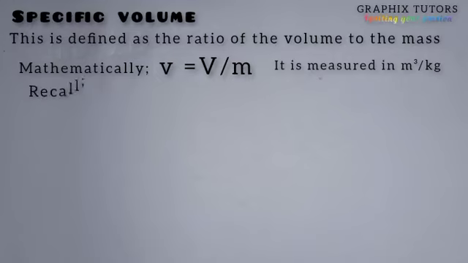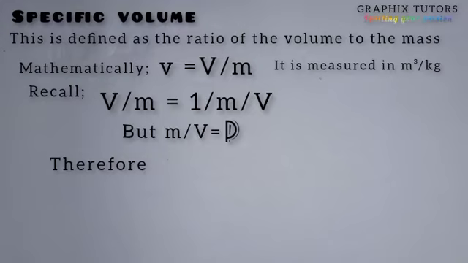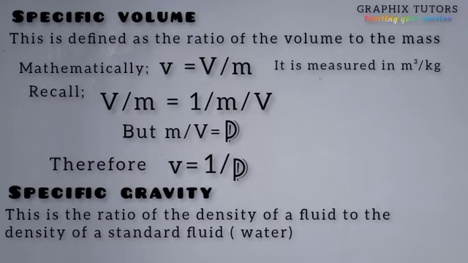So we say 1 over the volume over the mass is the same as the mass over the volume. Now we know that mass over volume is given as density. So the specific volume is given as 1 over density. Now the fourth one is the specific gravity. Specific gravity is the ratio of the density of a fluid to the density of a standard fluid.